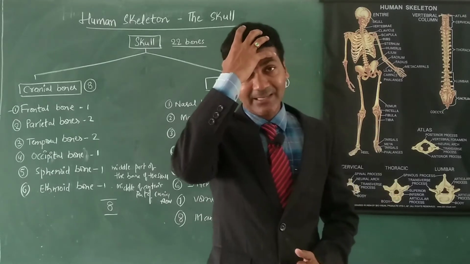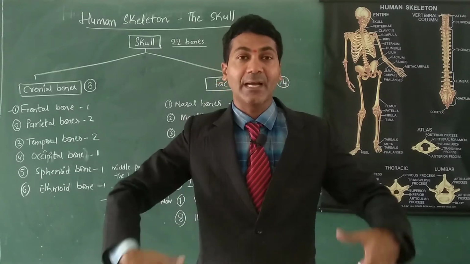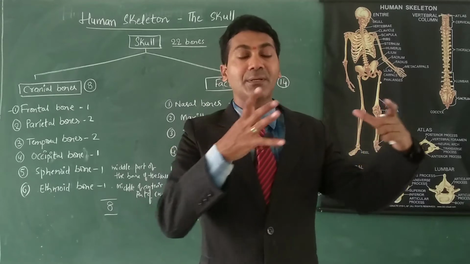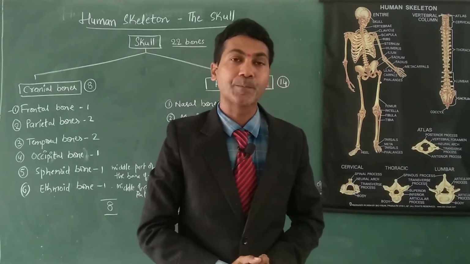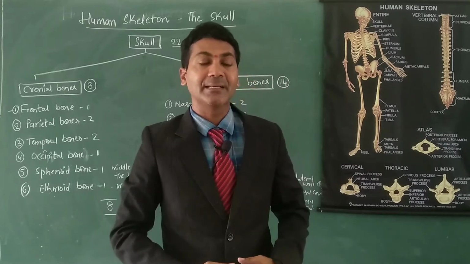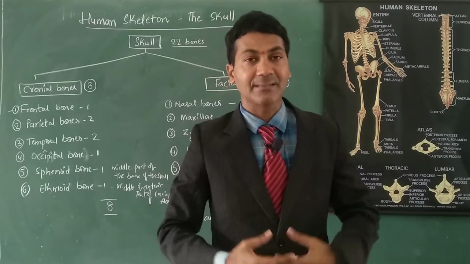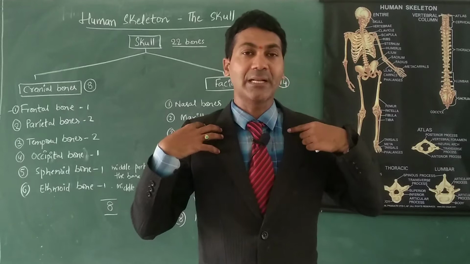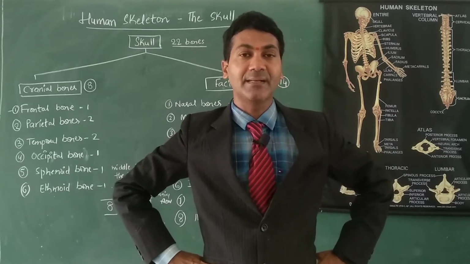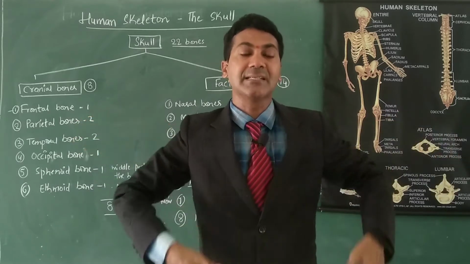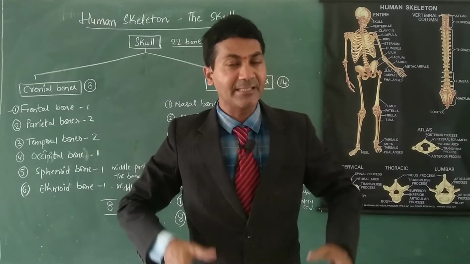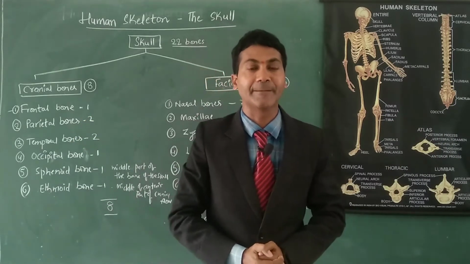The skull, vertebral column and thoracic cage, these three together are called the axial skeleton, and the remaining skeletal parts like the pectoral girdle, pelvic girdle and forelimbs, that means hands, and hind limbs, that means legs, all together are called the appendicular skeleton.